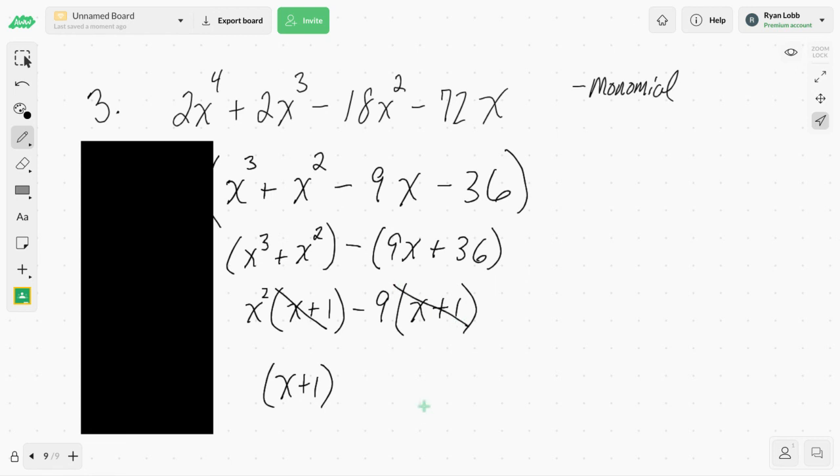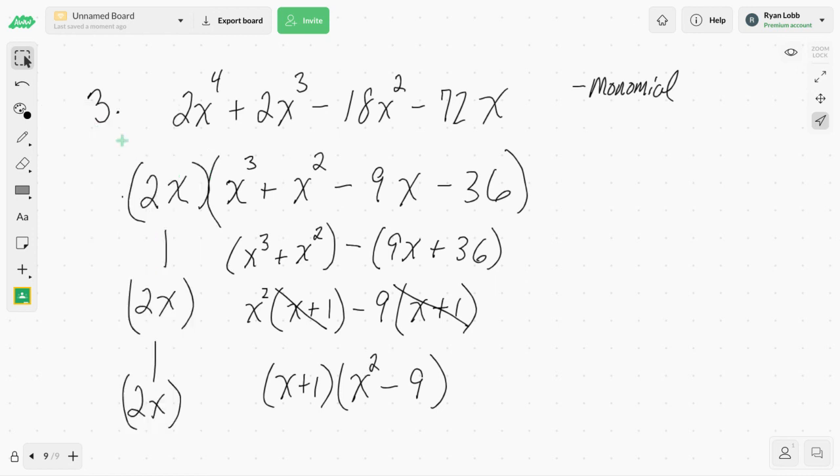There, I factor out the x plus 1. And what's left is x squared minus 9. And then I still have the 2x here. So now 2x times all that stuff. So that's what I'm going to have right in front here. I have 2x times that. So there's my 3 terms multiplied.